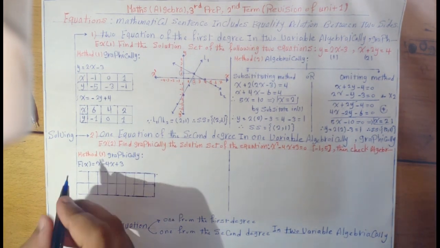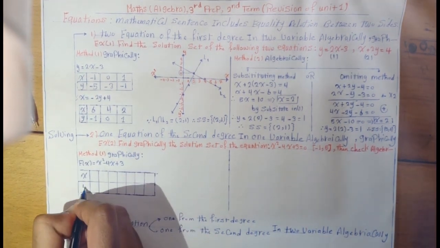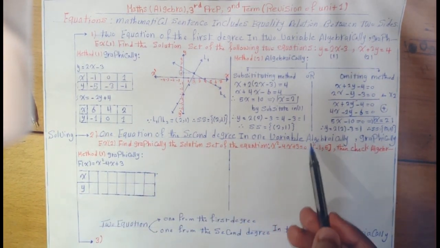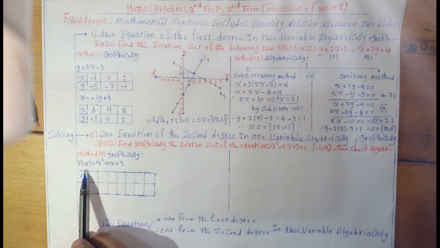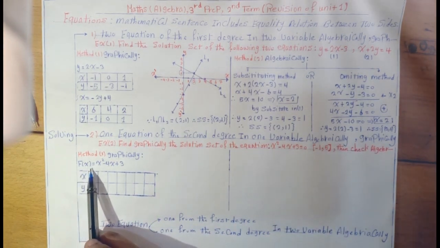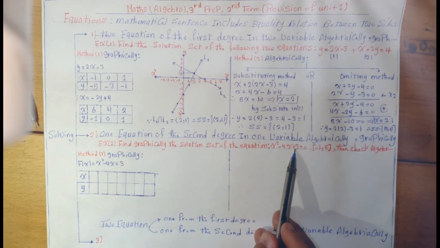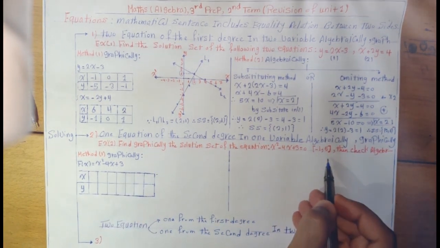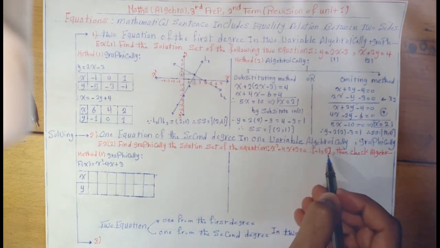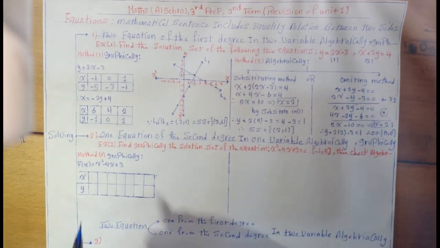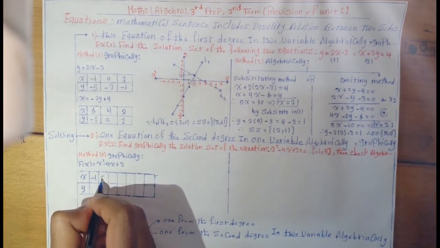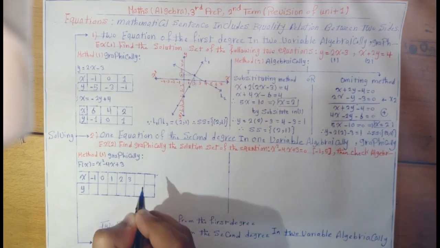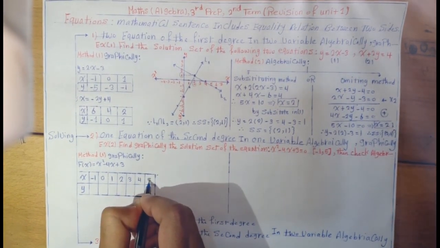The table consists of x and y. Notice that we write the equation in the form of the function f of x equals x squared negative 4x plus 3. And we have the interval from negative 1 to 5: negative 1, 0, 1, 2, 3, 4, 5.